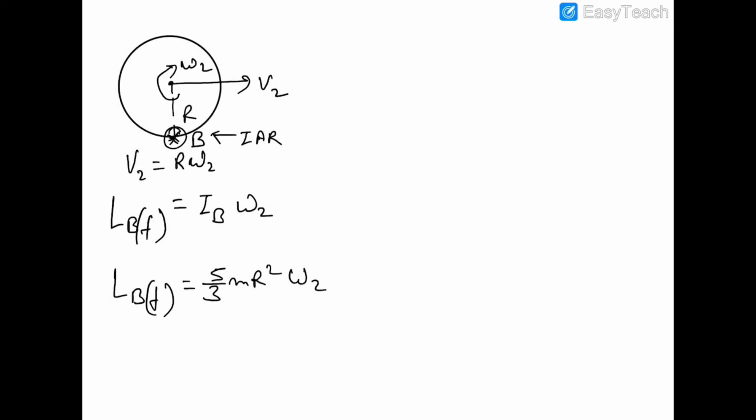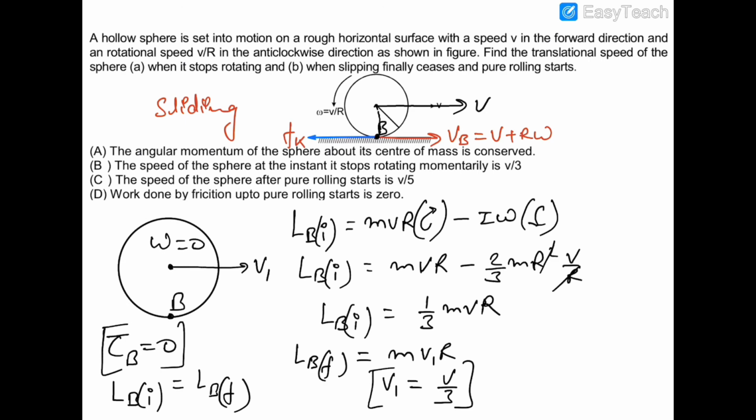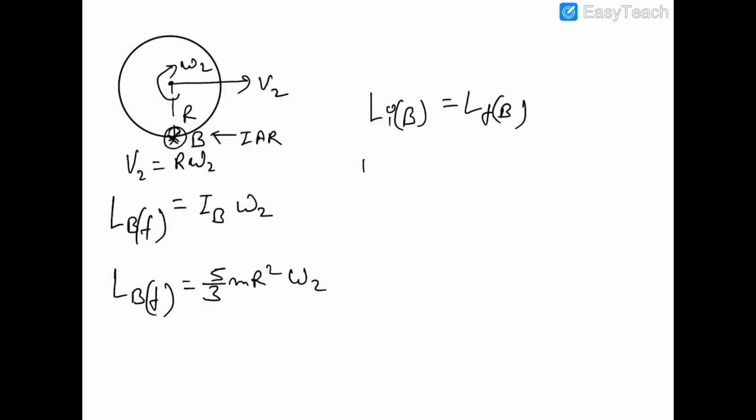Now if we balance the initial and final angular momentum of the sphere, the initial angular momentum was 1 by 3 mvr. So 1 by 3 mvr is equal to 5 by 3 mr square omega 2. Cancelling m with m and r with r, omega 2 will be equal to v by 5r.